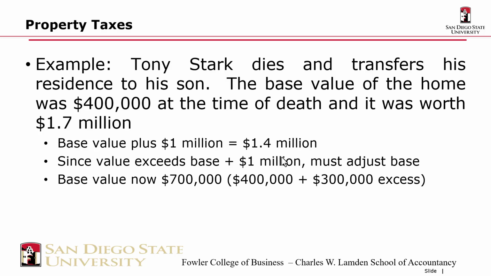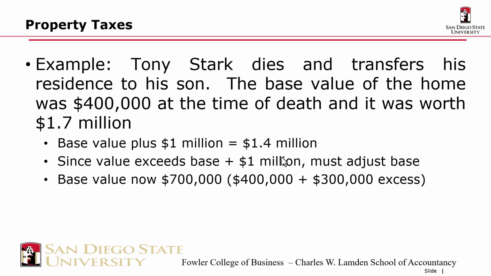So what you do is you take the base value of $400,000, you add the $1 million. That takes you to 1.4. But notice that the home that he's transferring to his son is worth 1.7. So that value exceeds $1 million, so you must adjust the base. The base value is now $700,000.